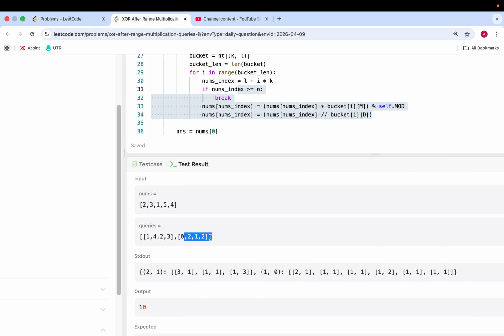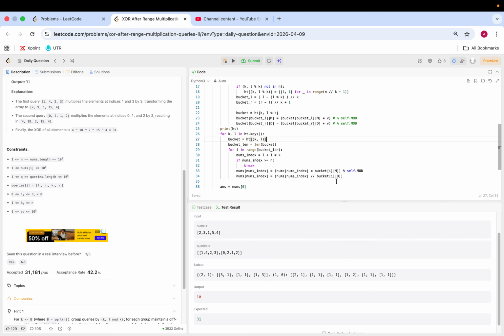Okay, that's fine. This part is wrong, maybe not completely wrong. The nums index is good. Breaking is fine.